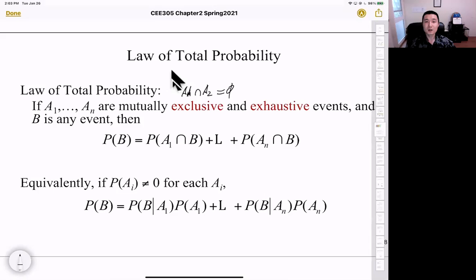So there's nothing in common between A1 and A2, and also A2 and A3. A1, A2, A3, and AN have nothing in common. The intersection is empty space. So we call it exclusive.